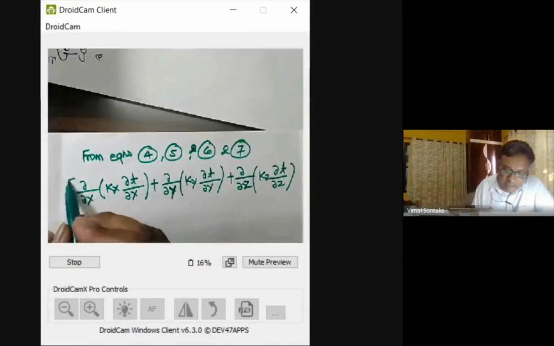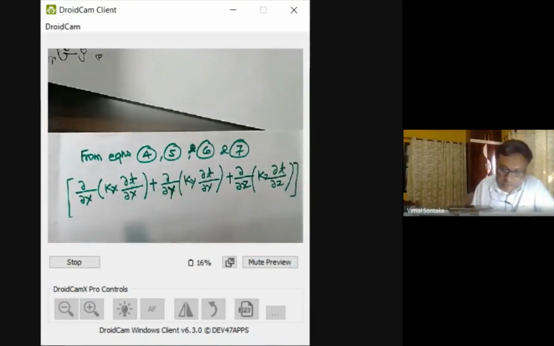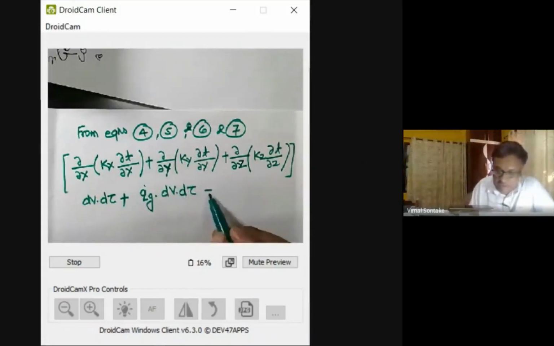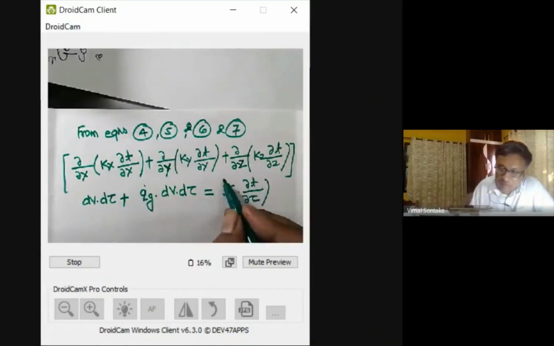This entire term is multiplied by dV into d tau. This is from equation number 4. And for Qg, it is q dot g into dV into d tau. And from equation 7, it is rho C del T over del tau into dV into d tau.